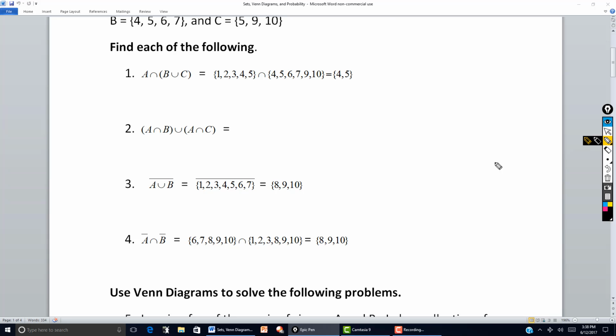Number 4, again, if you saw the last video, we know that this is part of De Morgan's law. So the complement of A union B is the intersection of the complements. If you compute that out, you get the same set. Again, just in case you can't see in the video, these are complements here.